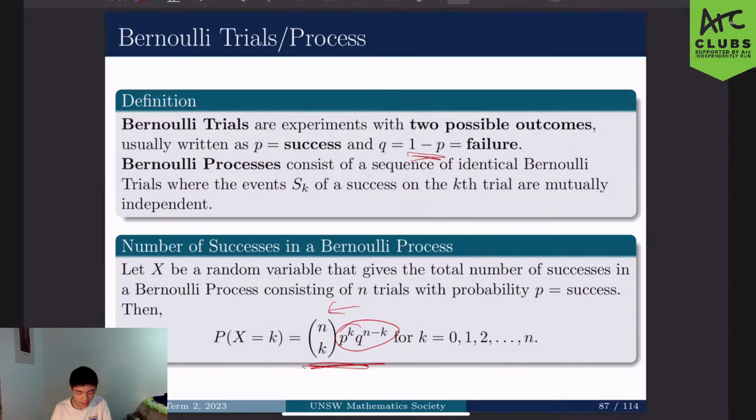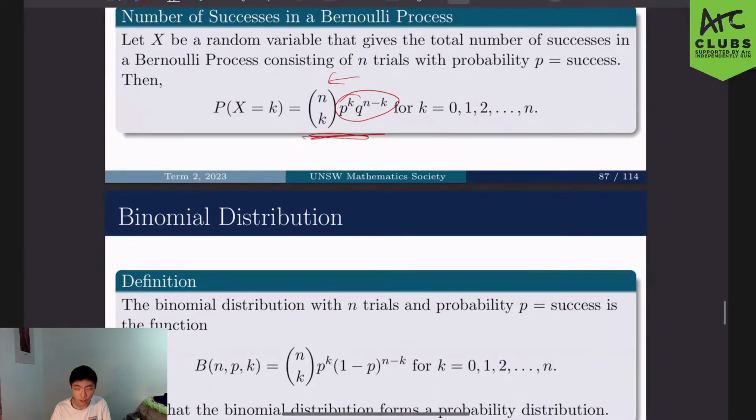Notice that this is exactly the same as the binomial distribution. The binomial distribution is the distribution of the Bernoulli trials, right? If we have n Bernoulli trials, then we have the binomial distribution. So they're exactly the same. q is the exact same as 1 minus p.